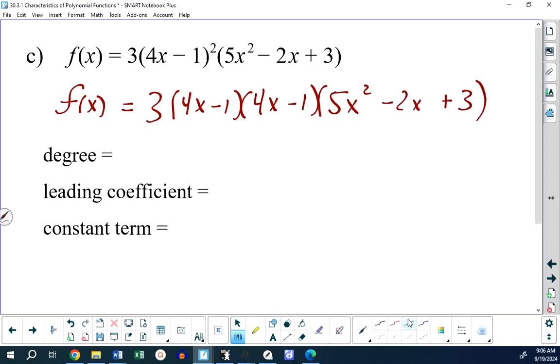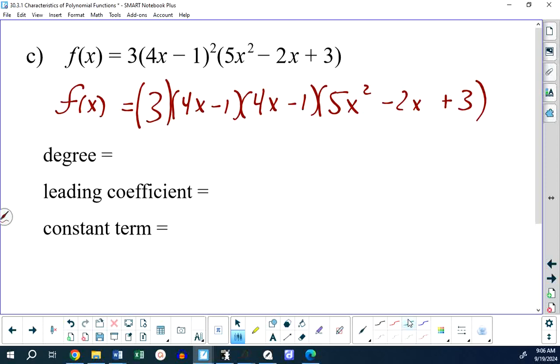If you want to determine the leading term, then you have to multiply, and this is tricky, the highest degree term of each of those factors together. Now, this 3 is a factor. Factors are things that get multiplied by other things, which are called factors. You're not going to see that definition in a math textbook. That's just me.